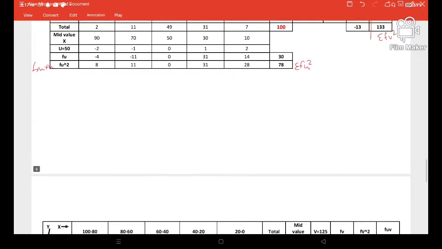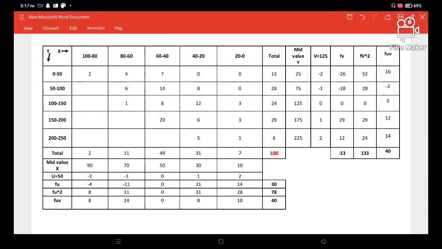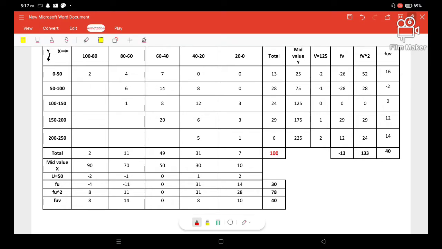The next thing, which is very crucial for Karl Pearson correlation, is sigma fuv, and it requires good care of calculation. So let us do the frequency of u and the frequency of v. We will multiply that, but before that let me highlight for you what things we are going to multiply.